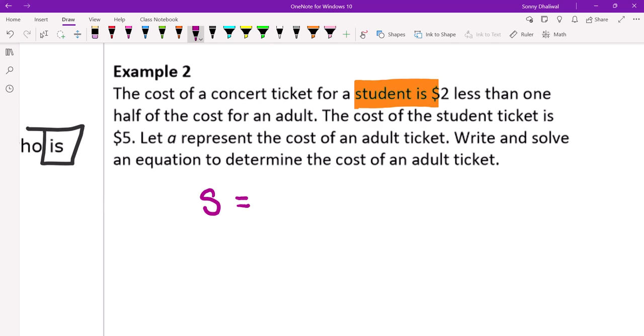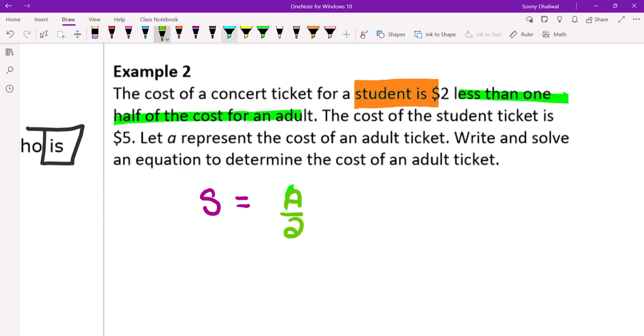So it's 2 less than half the cost for an adult. Half the cost of an adult. How do we do that? What does half the cost mean? Adding 2, subtracting 2, multiplying 2? Division. We don't know what the cost of an adult ticket is, so we can use the letter A divided by 2.